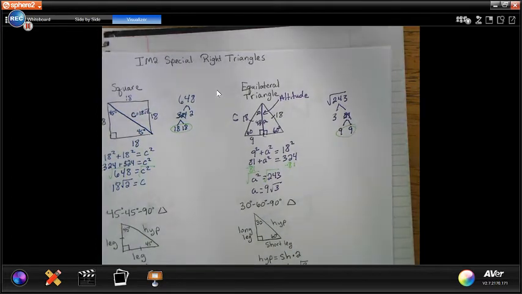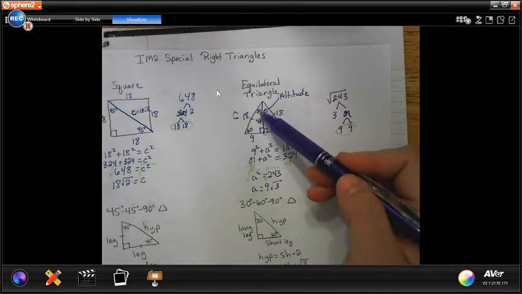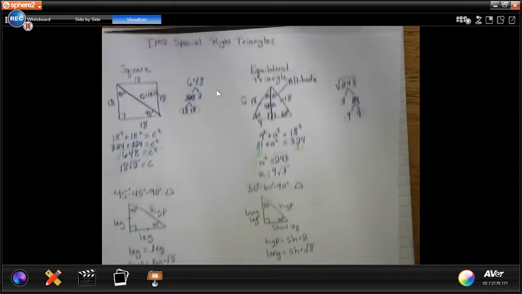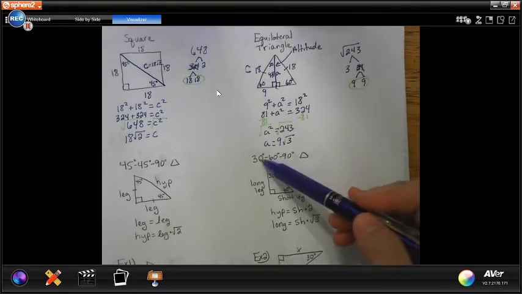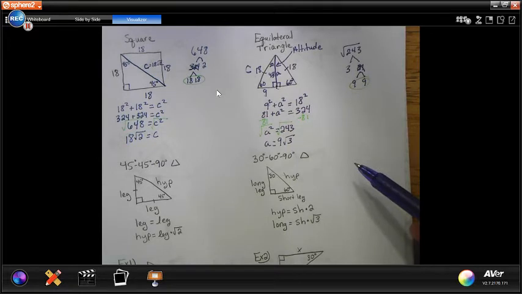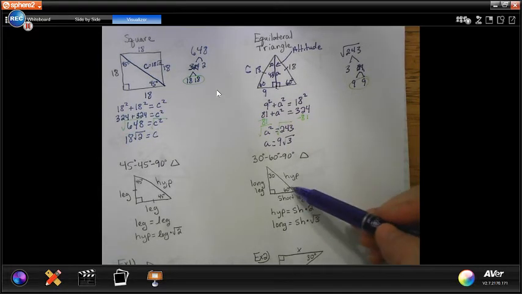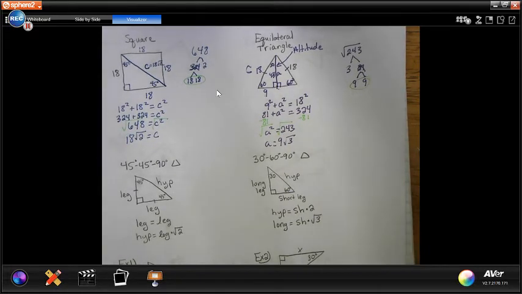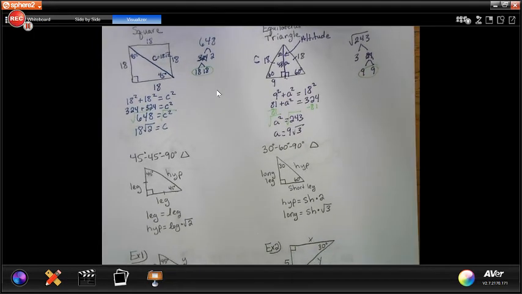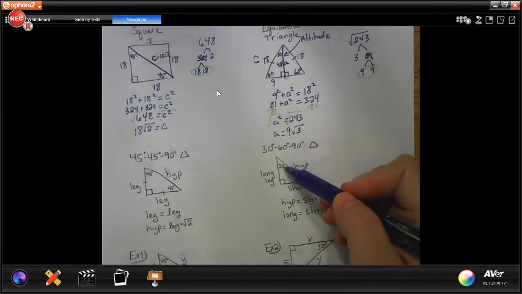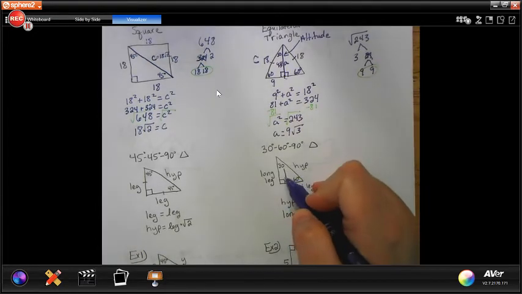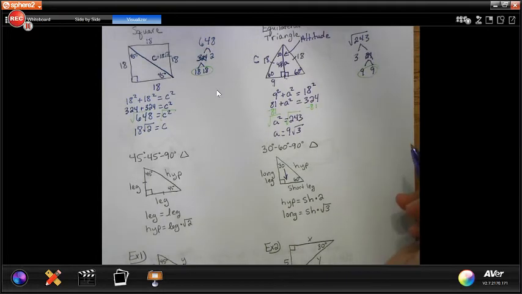So the formula. Notice the angles are 30, 60, and 90. It's called a 30, 60, 90 triangle. Okay. Here, it's important to know what the sides are because the sides have special meaning. So if you know where the 30-degree angle is, then opposite that is the shortest leg, which we actually did before in chapter 7 in March.